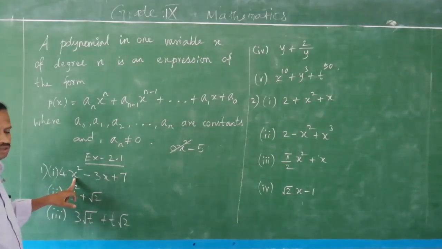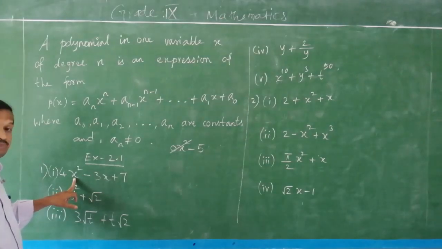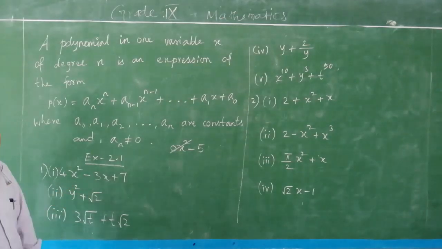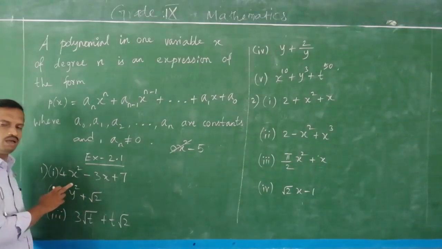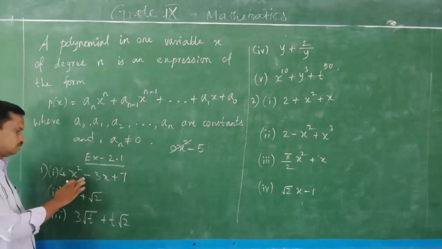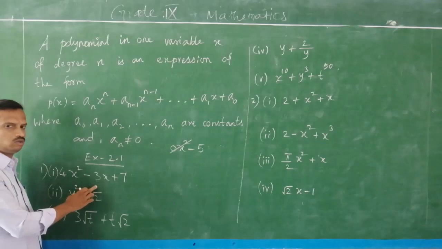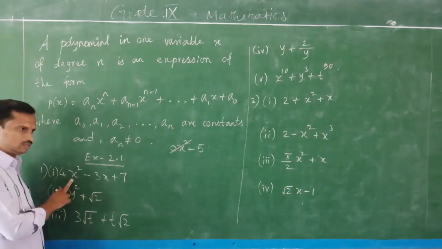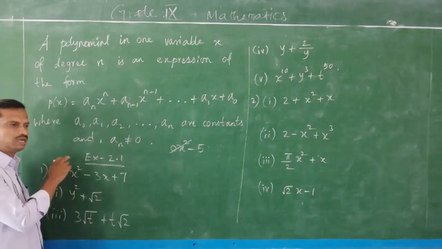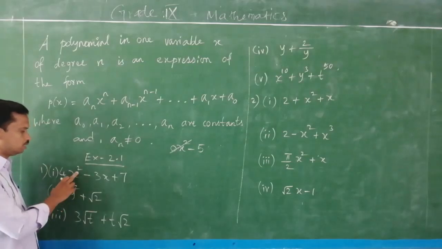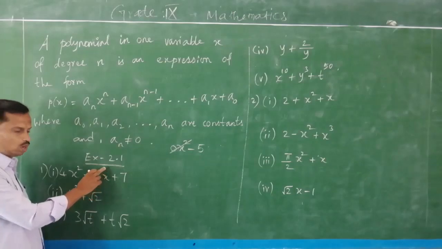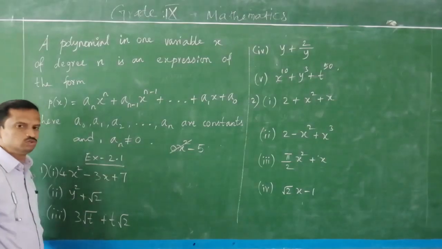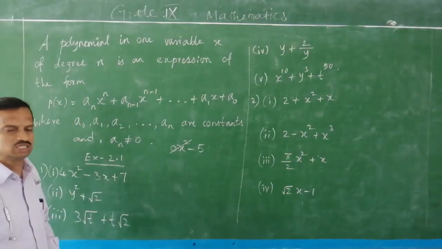For that we have to notice the exponents of the terms. Here the variable is x, and there are three terms: 4x square, another is minus 3x, another is 7, and the variable is x. What is the exponent of the variable? Here 2, here x power 1, here it is x power 0. 7 means we can say 7 x power 0.